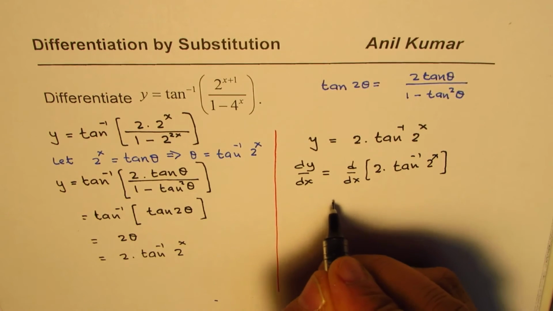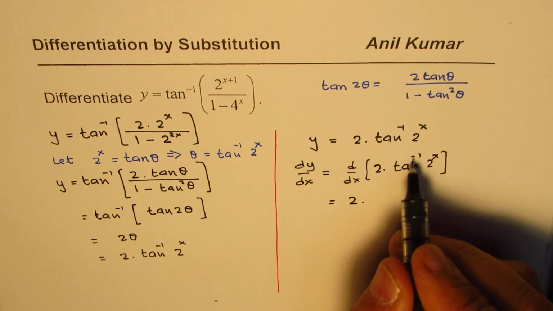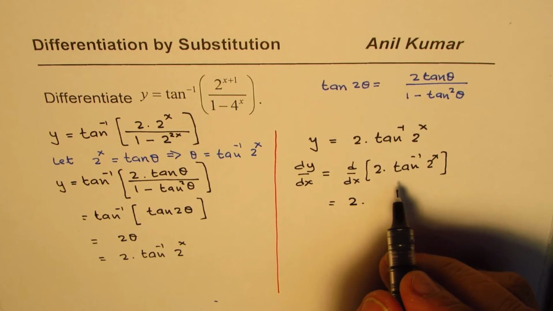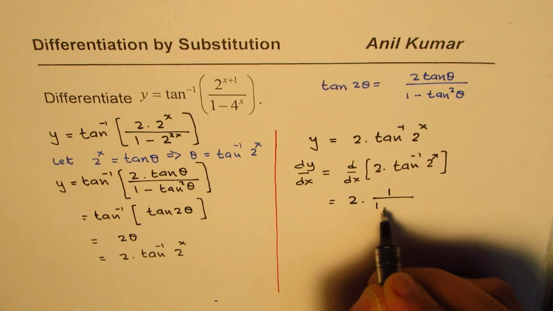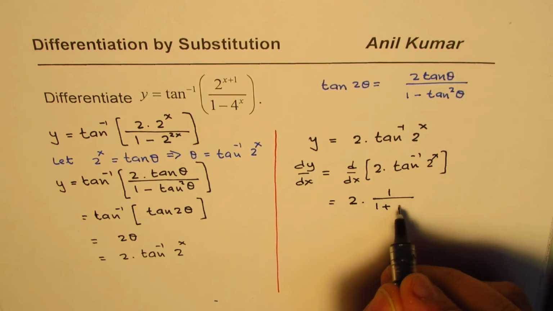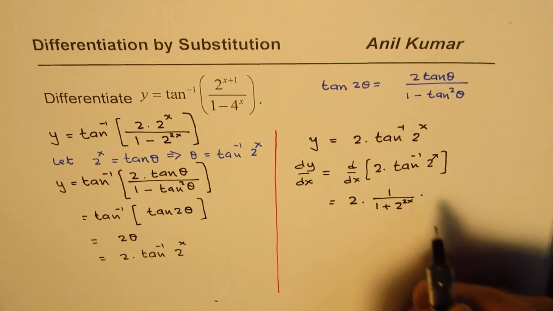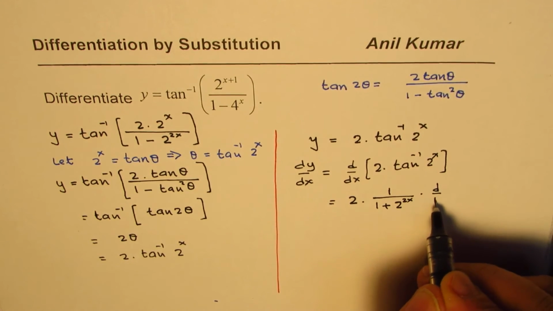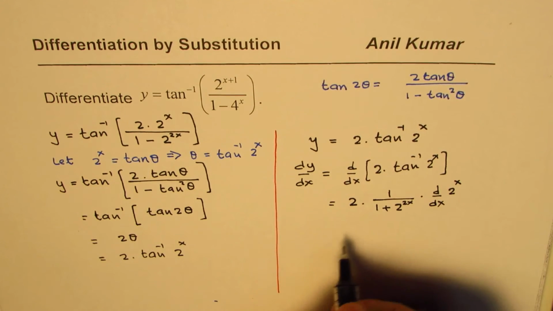Here 2 is a constant. Derivative of tan inverse x is 1 over 1 plus x squared. So we can write this as 1 over 1 plus (2 to the power of x) squared, which is 2 to the power of 2x, times the derivative of the inside function, that is, the derivative of 2 to the power of x. So that is what we get.